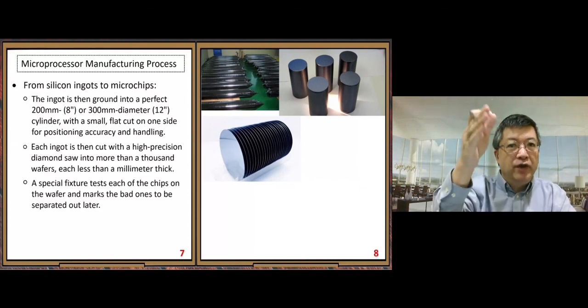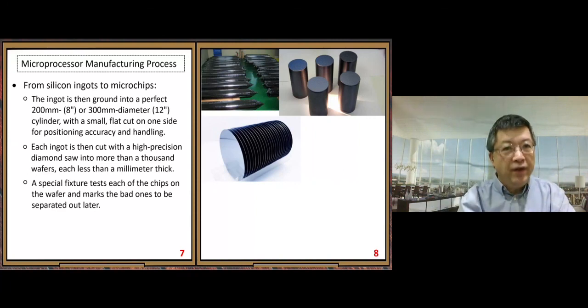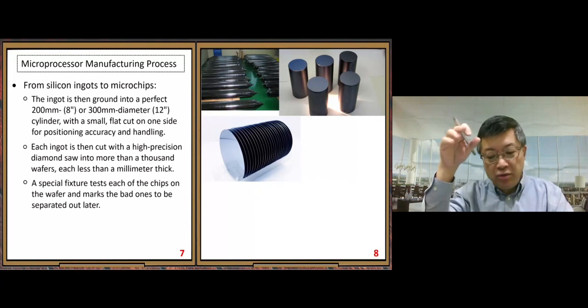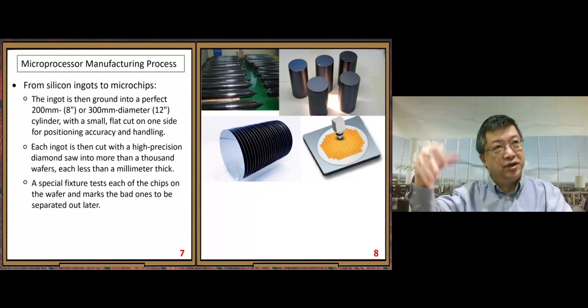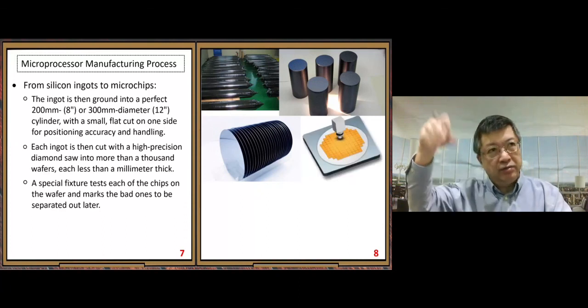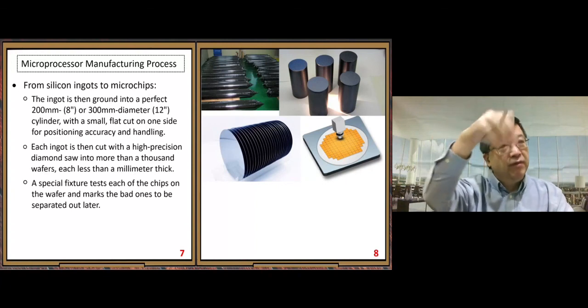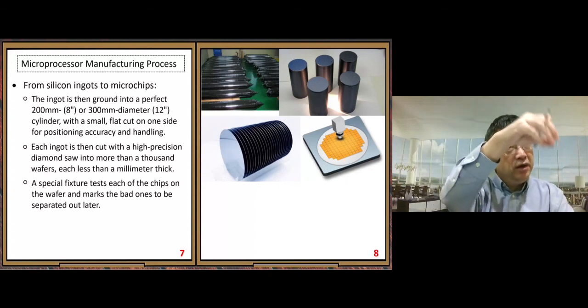The machine tests each of the chips on the wafer and marks the better ones. A special machine will detect if there is any defect.